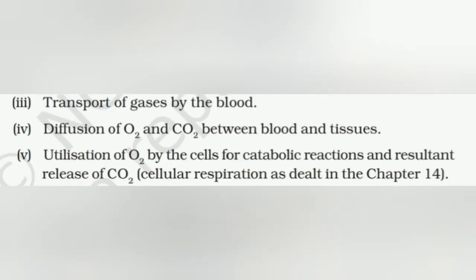Transport of gases by the blood, diffusion of oxygen and carbon dioxide between blood and tissues, utilization of oxygen by the cells for catabolic reaction and resultant release of carbon dioxide. This is known as cellular respiration, which we have already learnt in chapter number 14.